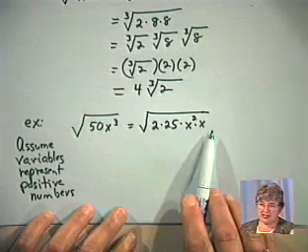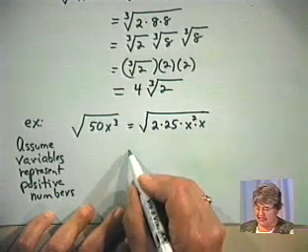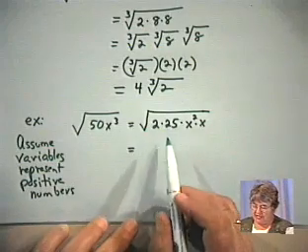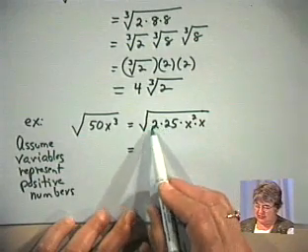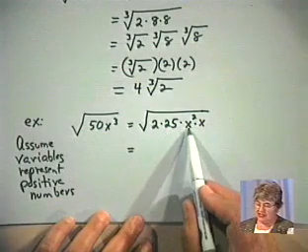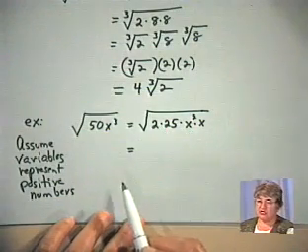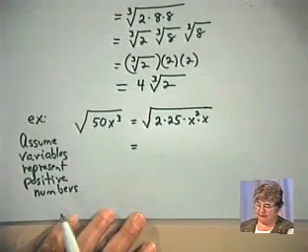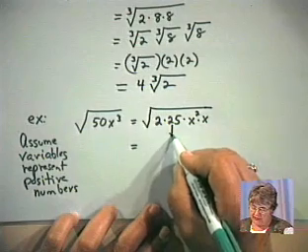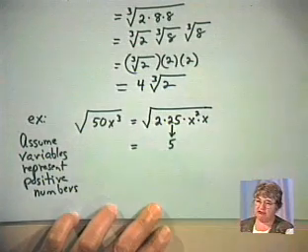We could take the square root of each of these factors inside, but let's skip one step, make it a little bit shorter. For example, we know that we can say this is the square root of 2 times the square root of 25 because each of them are real numbers, and the square root of x squared is x because we're assuming that the variables are positive. Okay, so now we take the square root of 25 and make that a 5 outside the radical.